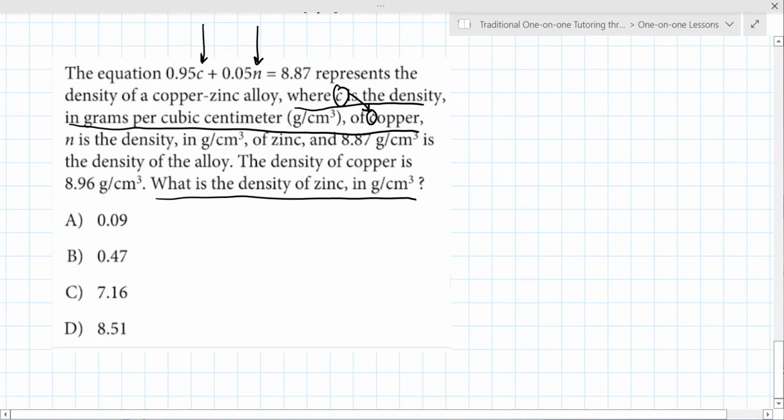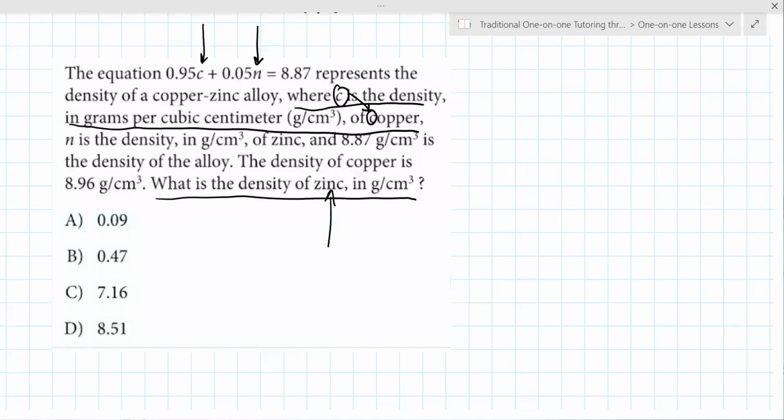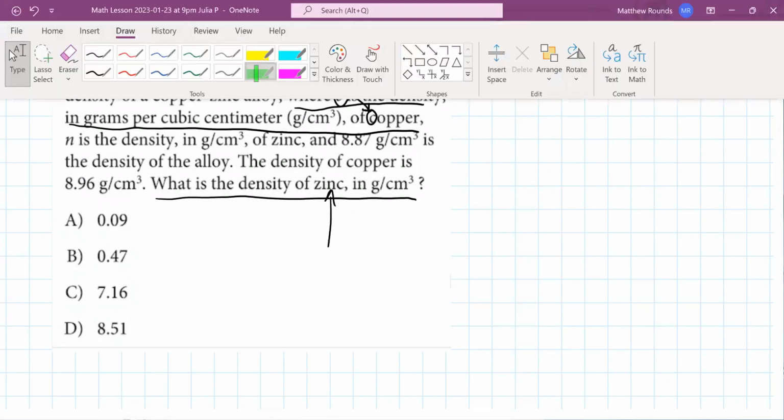So the zinc, they're using the letter N for. Now, probably what's confusing is there are a lot of redundancies here. So it's always good to start with that question first and then rework it from the beginning. Since you're solving for N, what is the value of C in this problem?